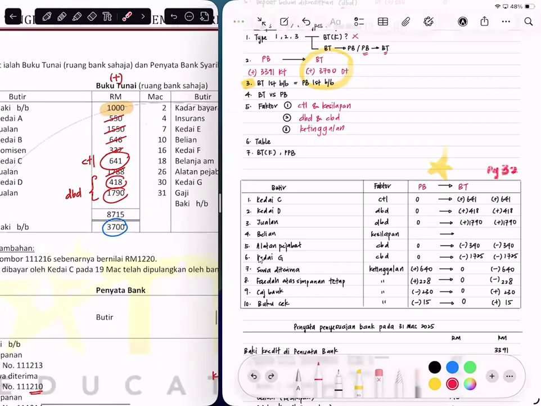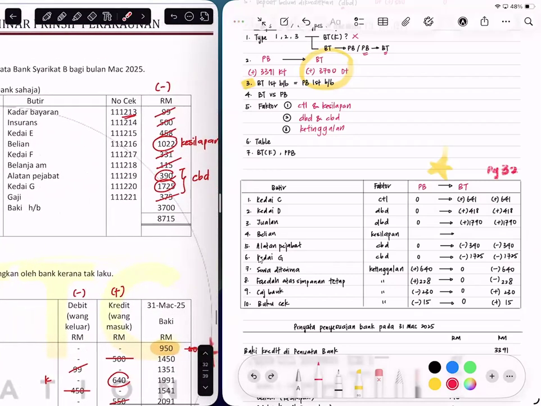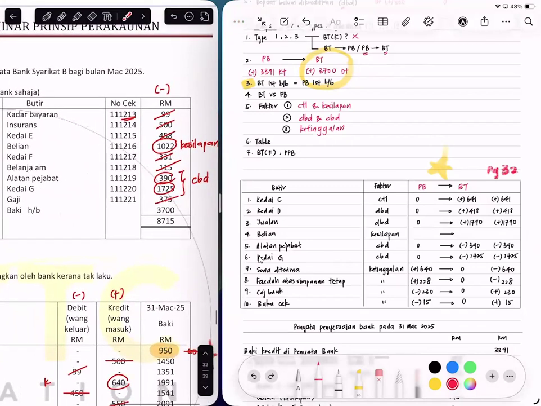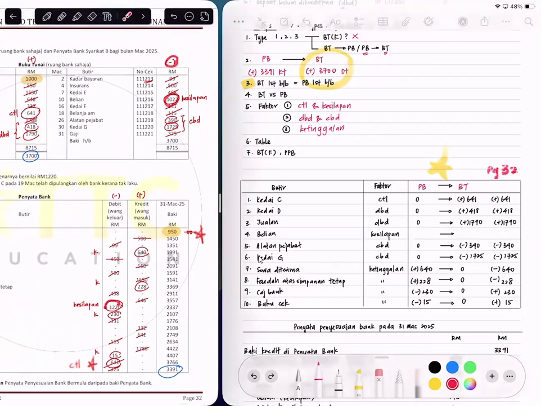But for the kesilapan, something special because it is the tricky part. For kesilapan, this value 1022 is showing in buku tunai negative, and the same transaction is showing as 1220 negative in pengataban. So when you record into the table, be careful. In pengataban, it's actually negative 1220.